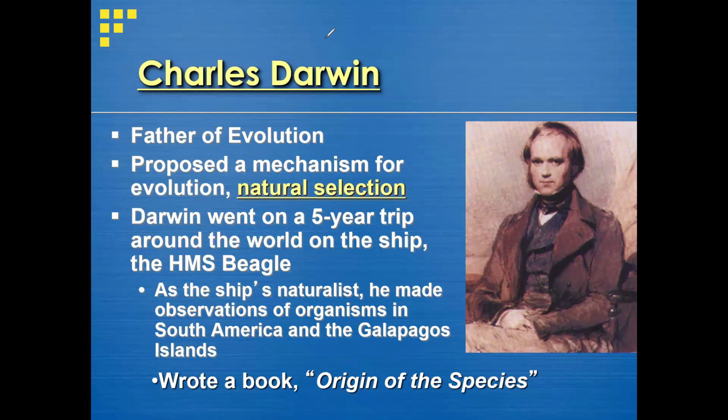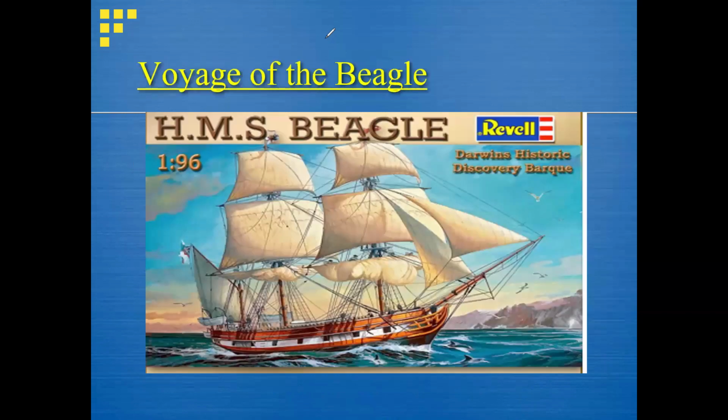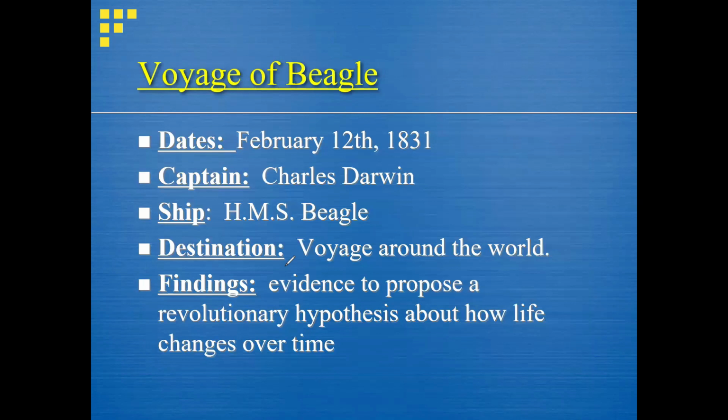And he wrote a book called The Origin of the Species. So the voyage of the Beagle, that is Charles Darwin's historic discovery. This is the Beagle where he made the trip. And the voyage begins.